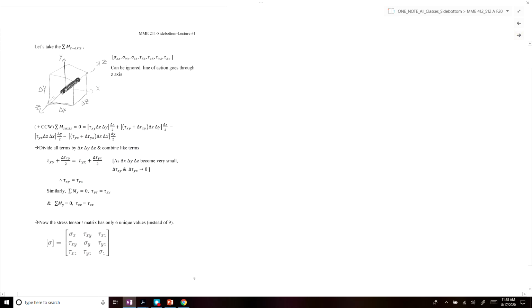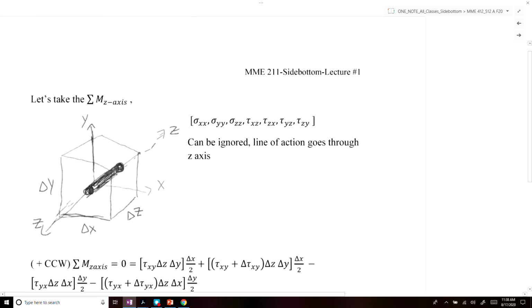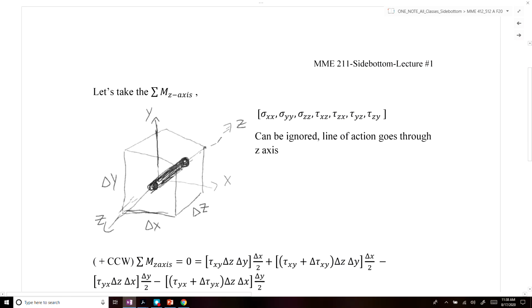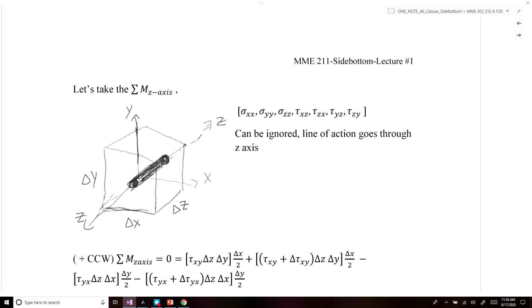If we draw an axis through the center of our element and label this axis as the z-axis, we're going to have all of our internal stresses, sigma xx, sigma yy, sigma zz, our normal stresses, and also our shear stresses that go through the z-axis as well.